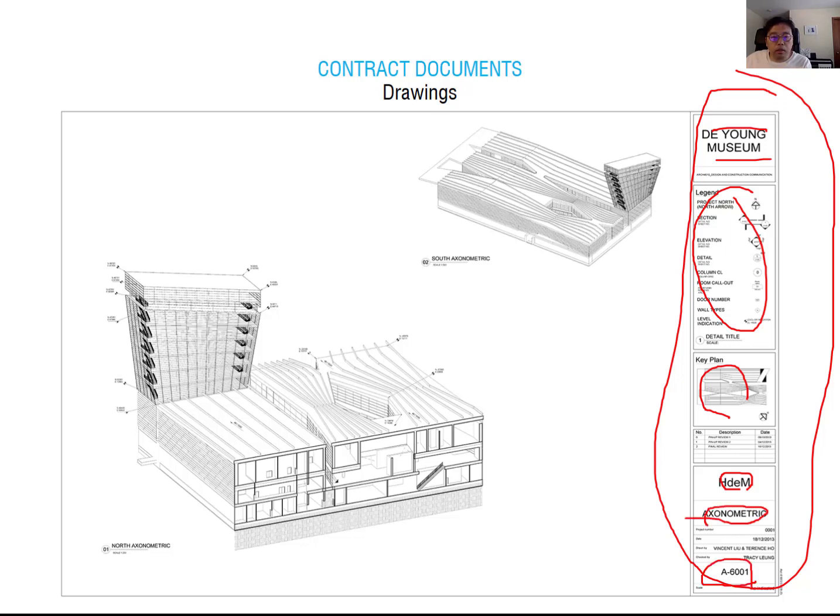You can also find out who drew the drawing and the date when the drawing was drawn. All this information has to be included in each sheet of the drawing document. So let's see how you decide the designation number, which is the sheet number of your drawing, first.